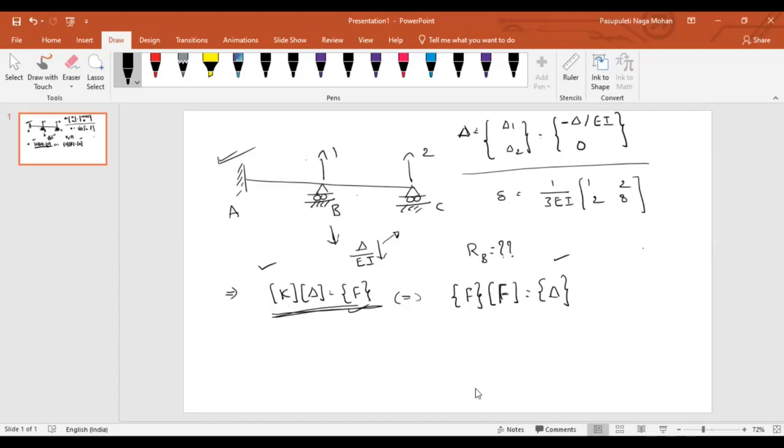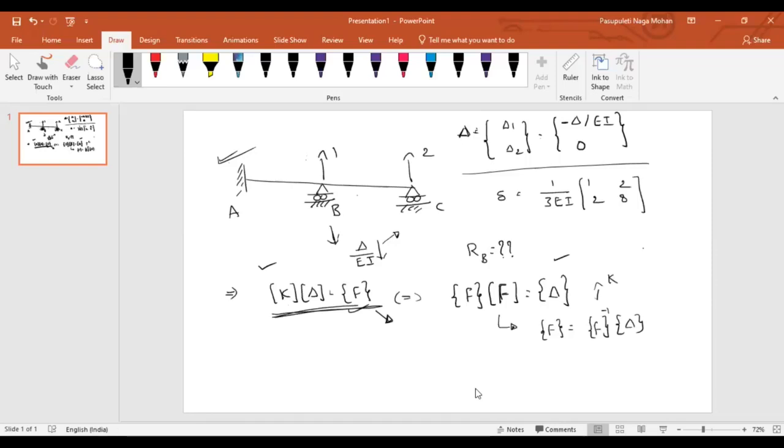Nothing is said about C, so delta 2 is 0. What they're asking about is the forces. As they're talking about flexibility, if I want to use this equation, I will write the force matrix equal to the inverse of flexibility into displacement. The inverse of flexibility is nothing but the stiffness.